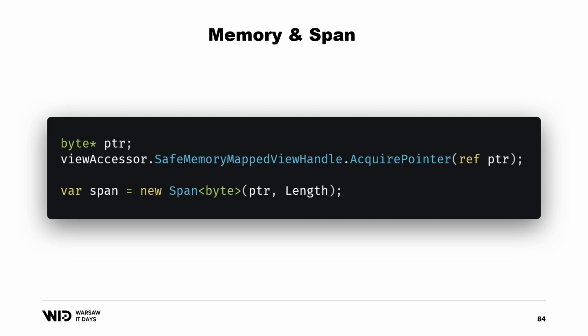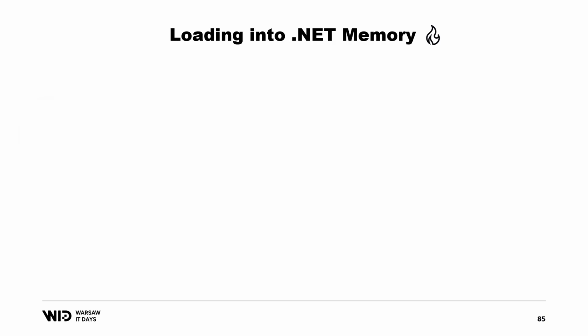And once you have this span, you can safely read anywhere within the span, knowing that if you try to read past the boundaries, the runtime will catch it for you, and you will get an exception instead of just the process dying.